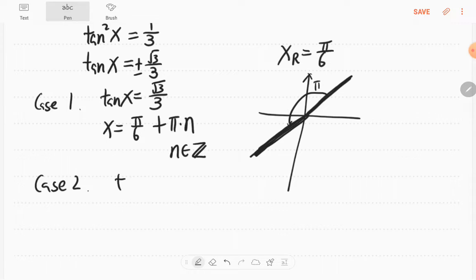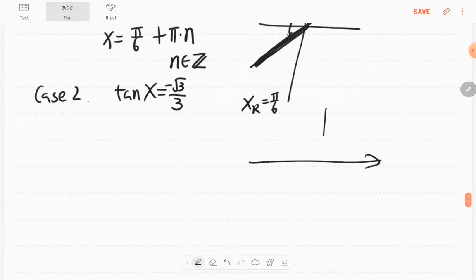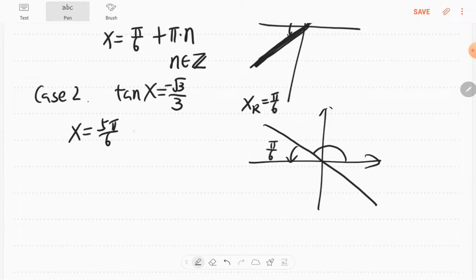Case 2, tangent x equals negative square root 3 over 3. Again, the same thing. The reference angle is still pi over 6, so it would be here. So we just need to find this angle, then add pi times n. So x would be equal to 5 pi over 6 plus pi times n.